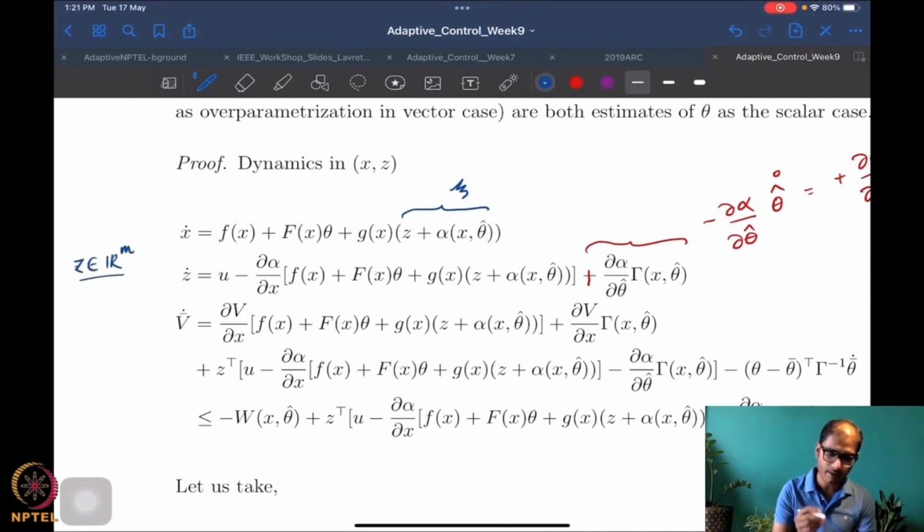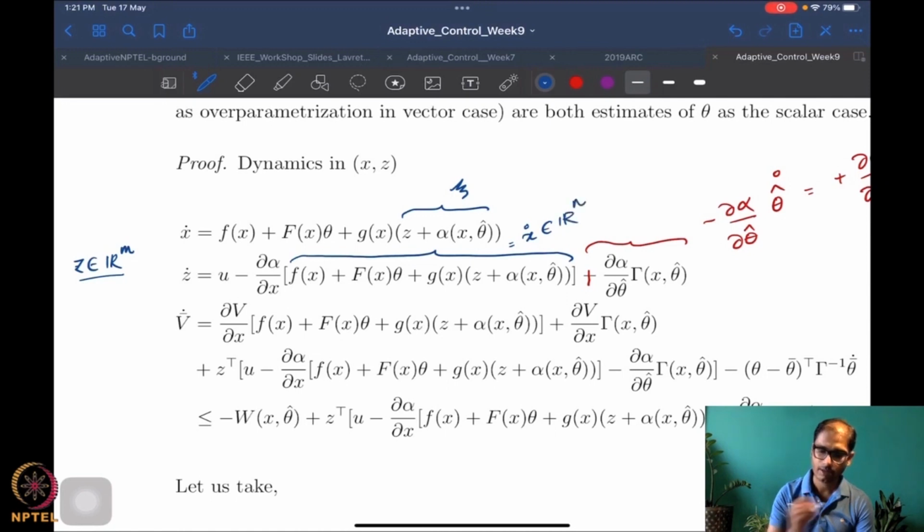But z is the same dimension as the control, so it is in R^m. Now, what is the dimension of this quantity? This is R^n. If I look at the thing in the bracket, this is simply x dot, and this of course belongs to R^n. Okay, I need to be careful here.